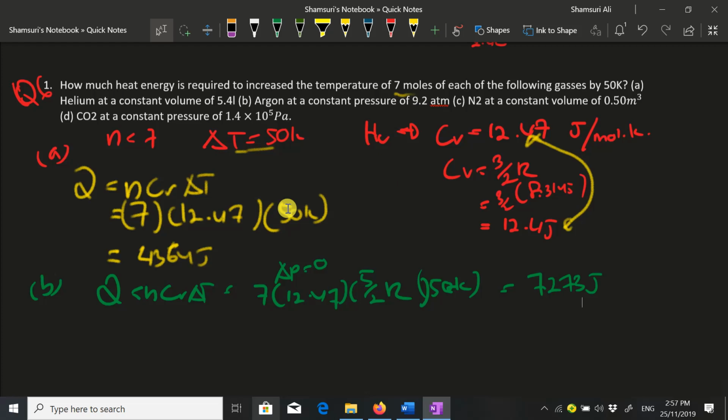In C, when delta V is zero, work is also zero.